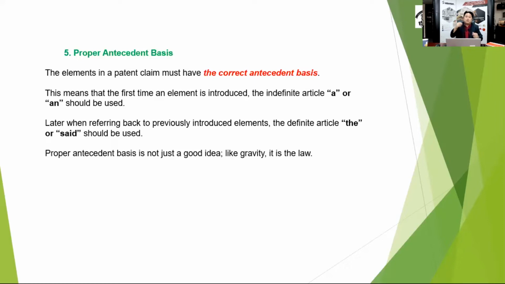You cannot start anything with the. The first time you introduce, it is a or an, for example an element B and an element A, wherein the element B is coupled to element A.